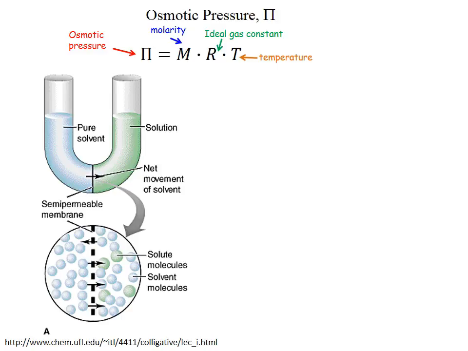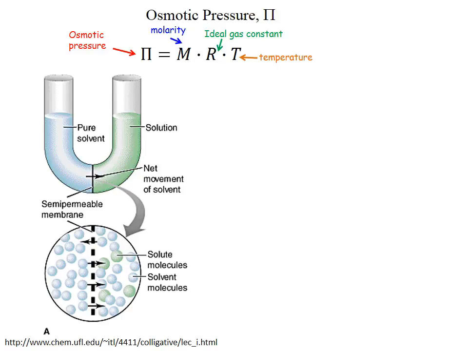The solvent particles are shown in little blue spheres, and the solute, which can't go past the membrane, is shown in green. So in this particular cartoon, the solution is on the right, and so the solution has solute particles dissolved in the solvent, and on the left is just pure solvent. You can see that also in an expanded molecular view at the bottom.